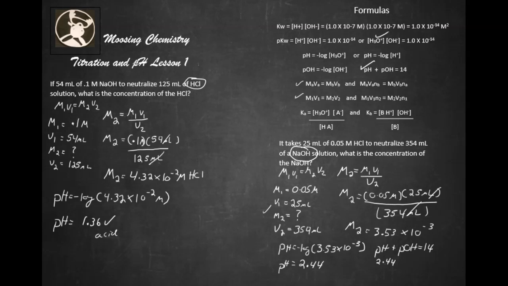So you take the pH, put pOH in there, equals 14. So pOH is going to equal 14 minus 2.44, and I'm going to get approximately 11.56. Now, that answer makes sense because this is a base, and NaOH is a base.